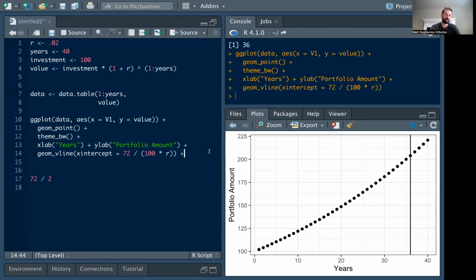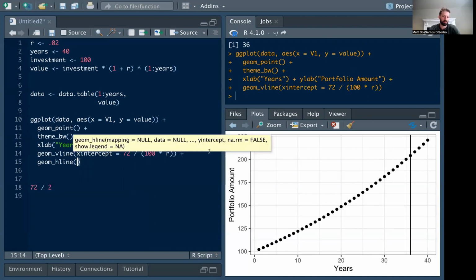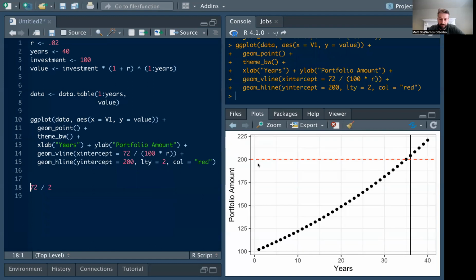And I'll put in a horizontal line so we can see where this doubles. Okay, so at this point we're doubled, and it's about at the vertical line, 36 years, that the dots finally cross and actually double our original portfolio amount.